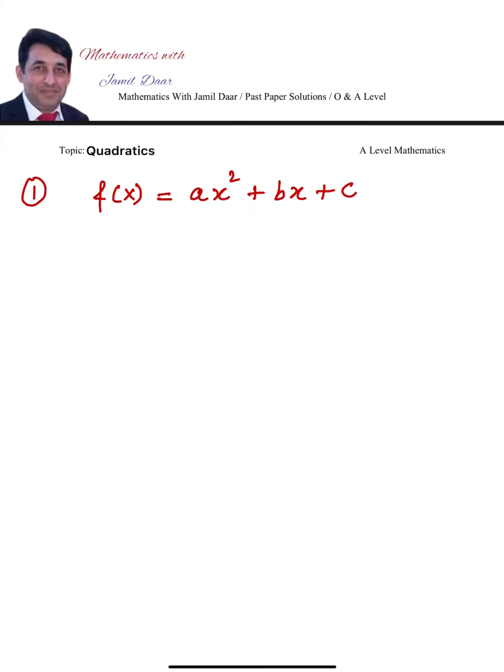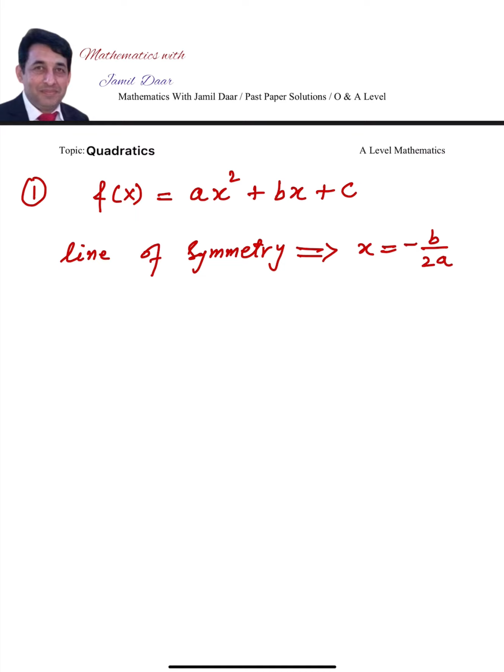In this form, the line of symmetry is x is equal to minus b over 2a.